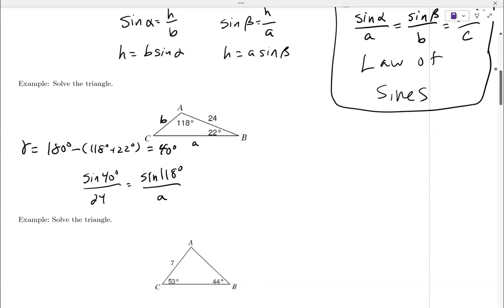That's law of sines, right? Now you can solve for A pretty easily. It's not too hard of an algebra problem to do. Your A will be 24 sine of 118 divided by sine of 40.